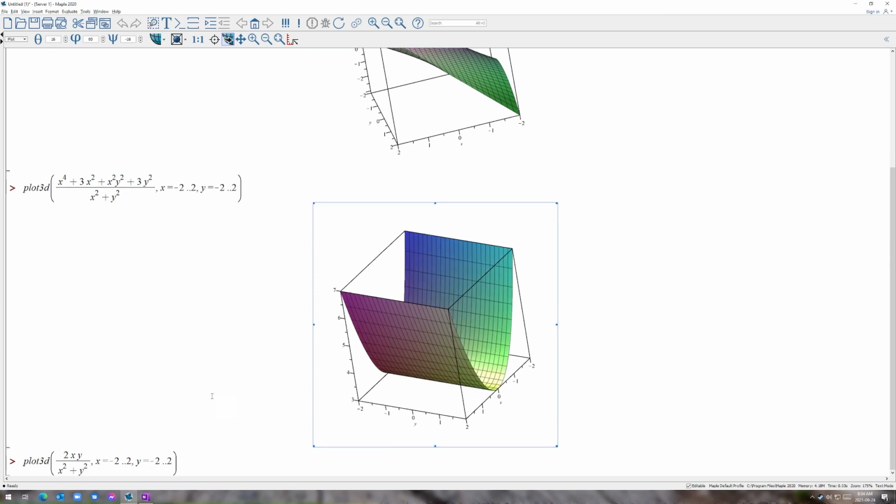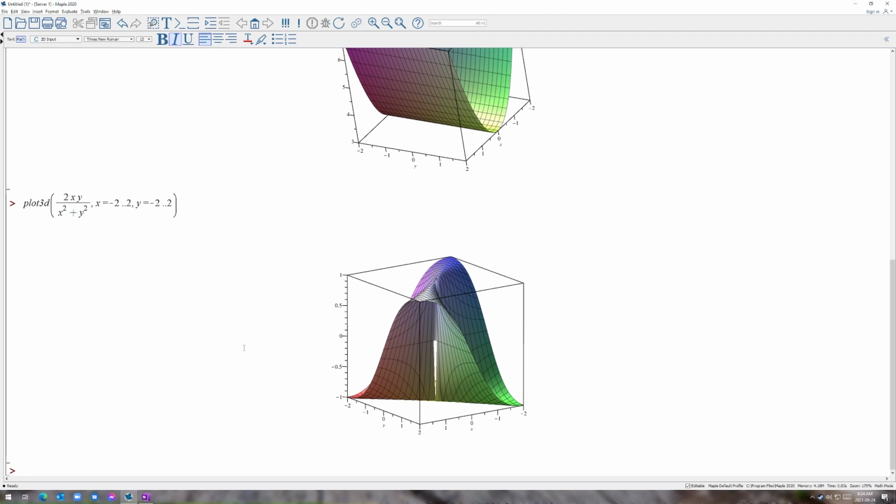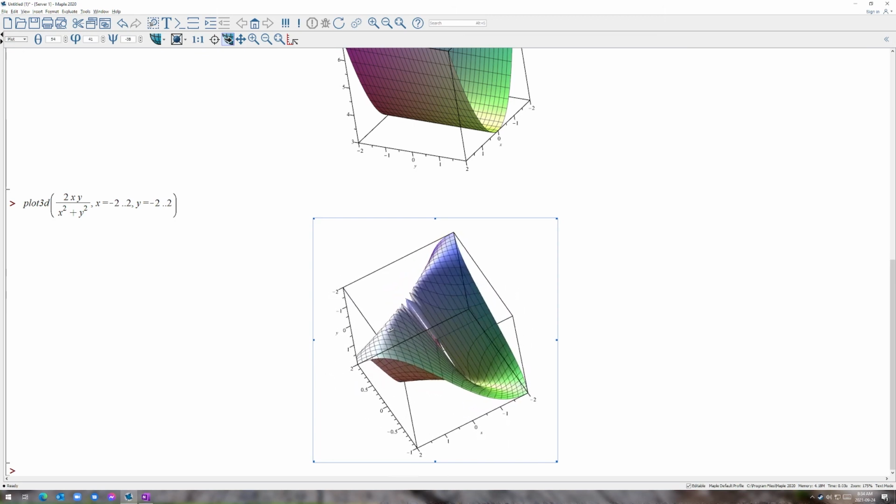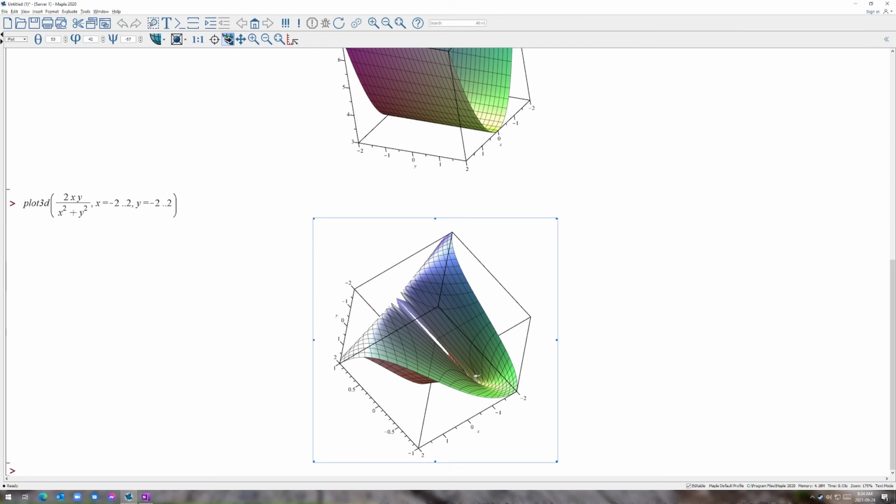Now, in our last example, we have another function that is not continuous at the origin, but this time the limit didn't exist. And it gets to be a pretty strange looking surface. So you can see that this is a surface and it looks pretty smooth except for this one very strange area. Again, Maple has a tough time trying to graph that.